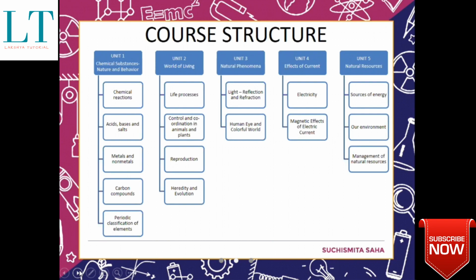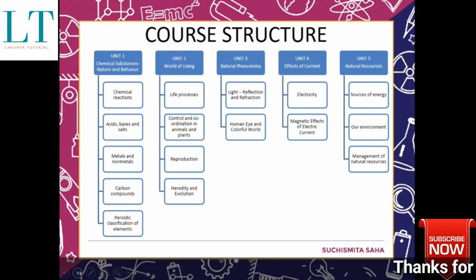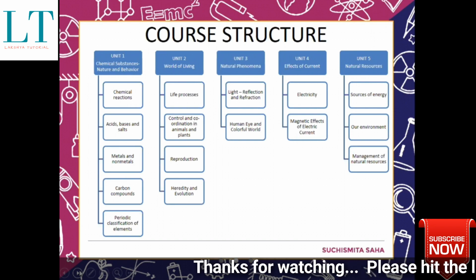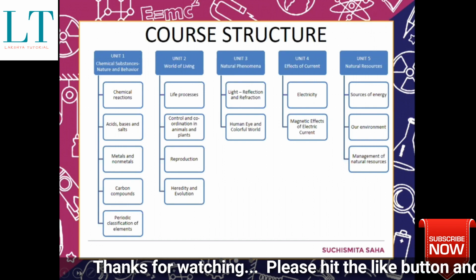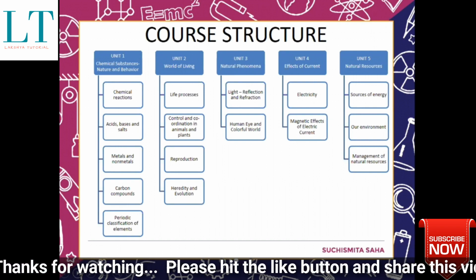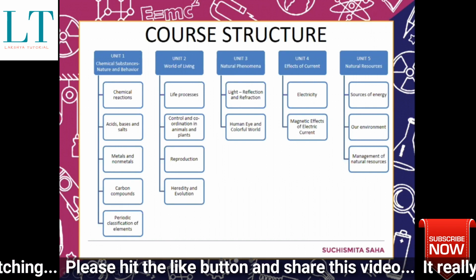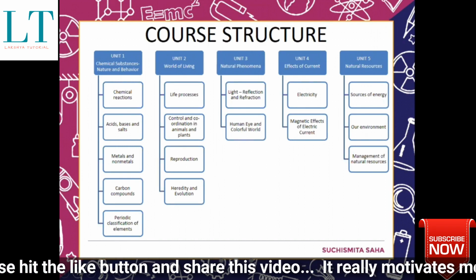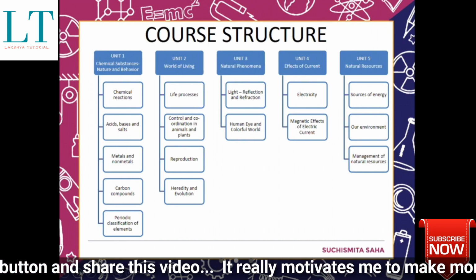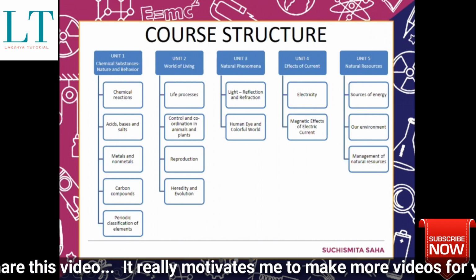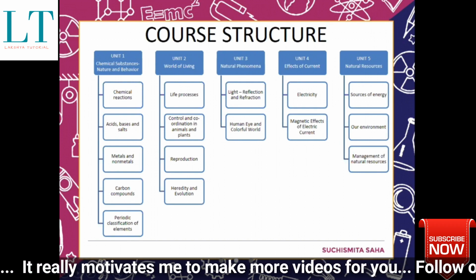Then we have the third unit, natural phenomena. Over there we have light, reflection and refraction, human eye and colorful world. Then we have effects of current, which is electricity and magnetic effects of electric current. And finally, the fifth unit, we have sources of energy, our environment and management of natural resources.